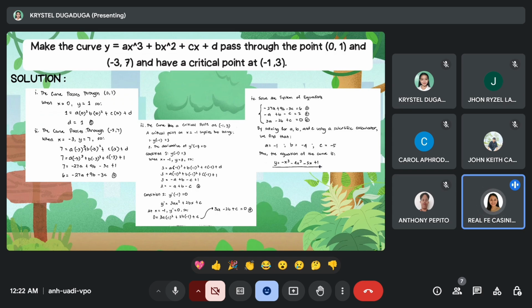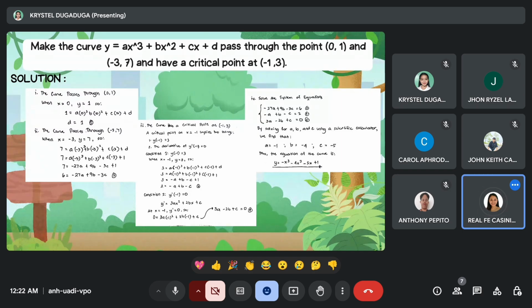And then, the curve has a critical point at negative 1, 3. So, a critical point at x equal to negative 1 implies two things. First is y of negative 1 is equal to 3, and second, the derivative y prime of negative 1 is equal to 0. So condition 1, when y of negative 1 is equal to 3, substituting x equal to negative 1, y equal to 3, we have 2 is equal to negative a plus b minus c.